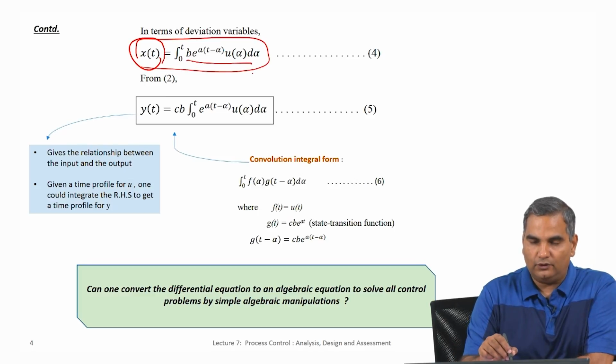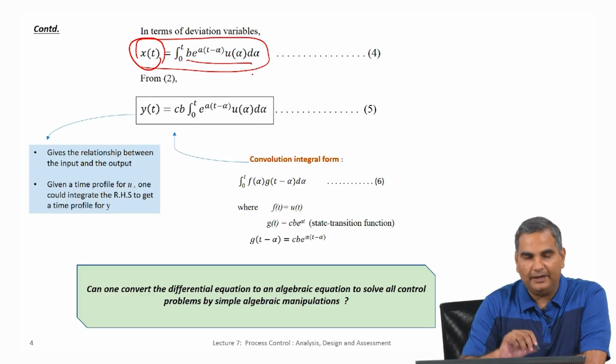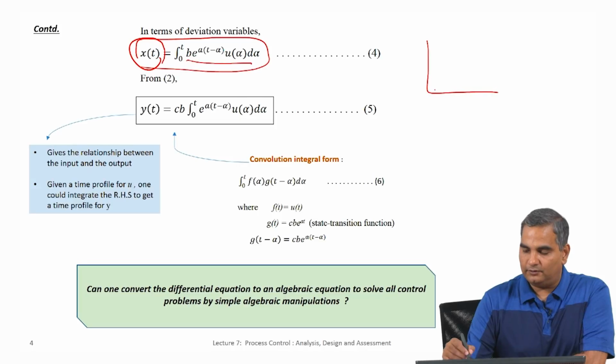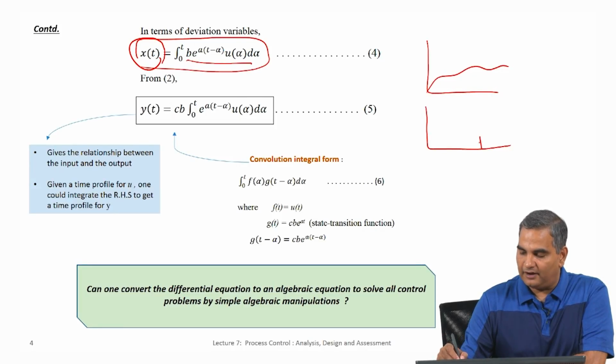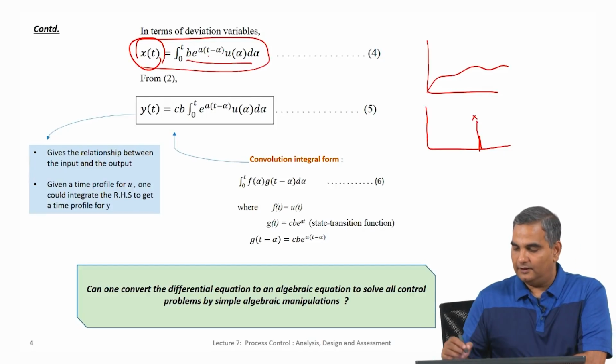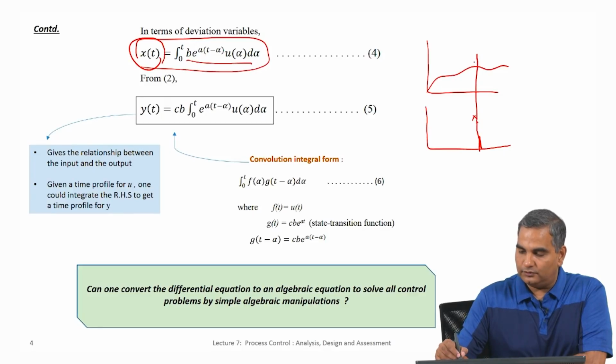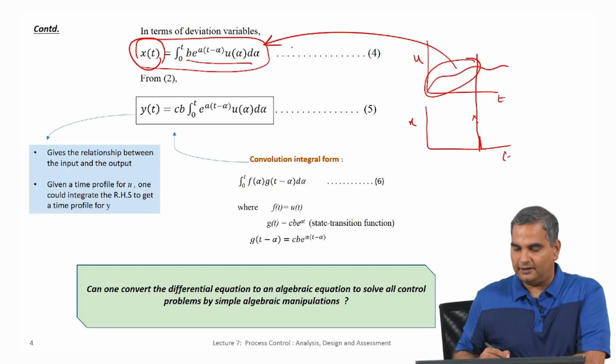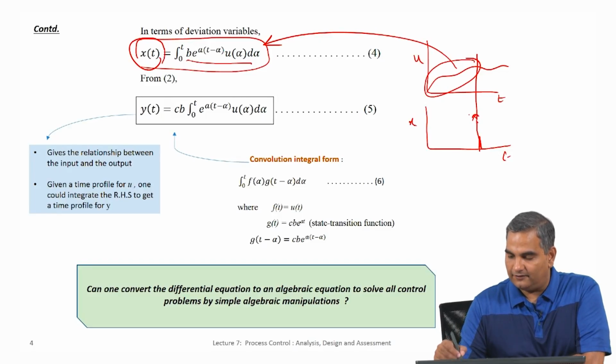So, basically you need to know how the input behaved from the beginning, initial state, all the way up to time t. Okay. So, let us say this u is like this. If you want to find a value of x at this point, then what this says is I need to use how u behaved up to that time t, use that information in this integral and do the integration, and you will get a value for x of t.